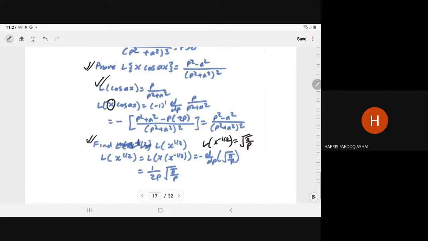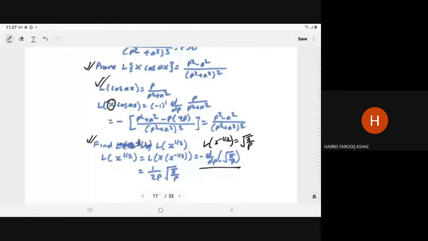So x^(1/2) can be written as x into x^(-1/2), and using the formula just derived, it is minus d by dp of F(p), where F(p) is root of pi upon p. That will give you 1 upon 2p into root of pi p. So that is the formula for x^(1/2), or root x.